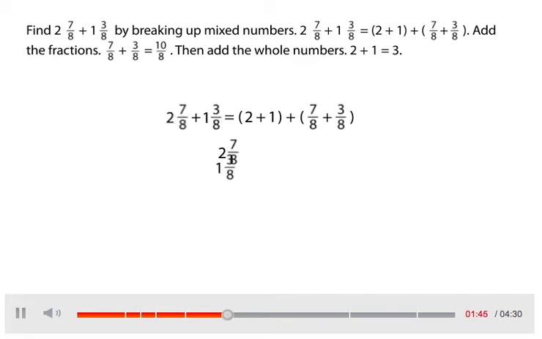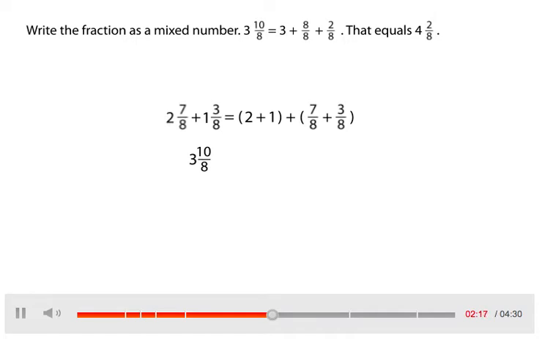Find 2 and 7/8 plus 1 and 3/8 by breaking up mixed numbers. 2 and 7/8 plus 1 and 3/8 equals the sum of 2 plus 1 plus the sum of 7/8 plus 3/8. Add the fractions. 7/8 plus 3/8 equals 10/8. Then add the whole numbers. 2 plus 1 equals 3.